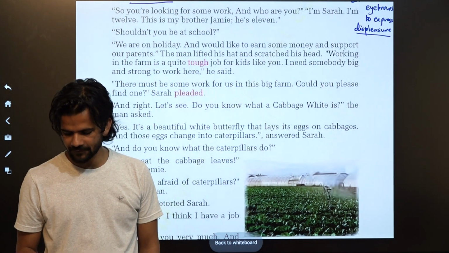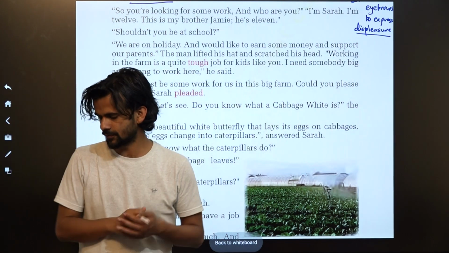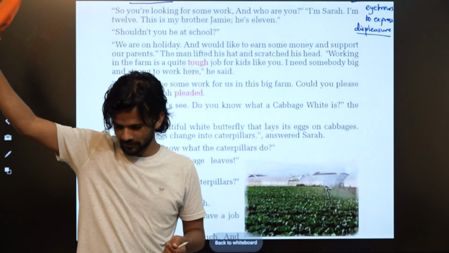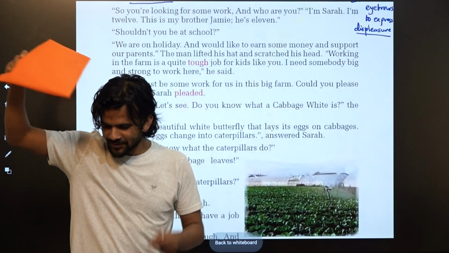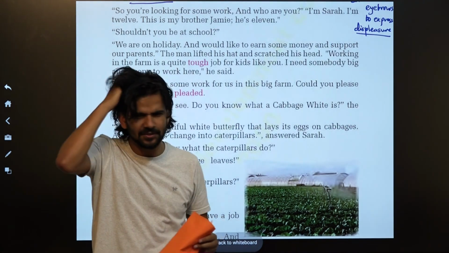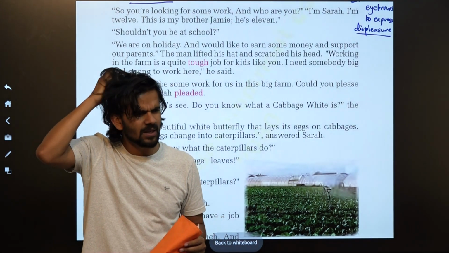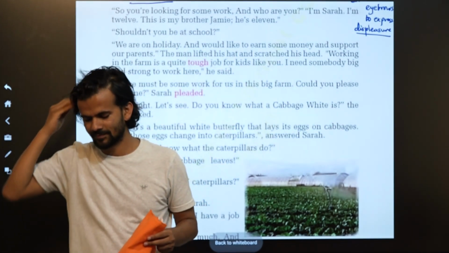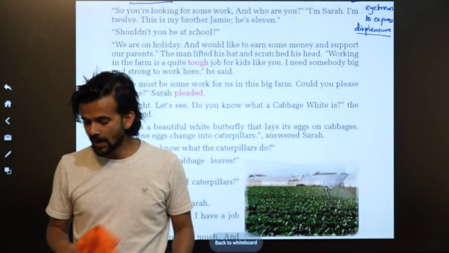The man lifted his hat. So he was wearing his hat like this, and then he lifted his hat and scratched his head. What do you mean by scratch? He started to scratch, and he scratched his head. Working in the farm is quite a tough job.